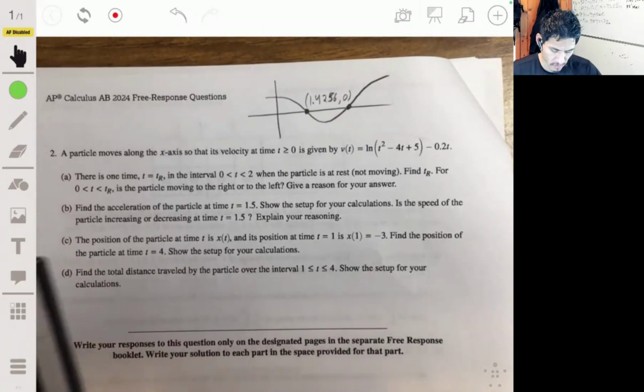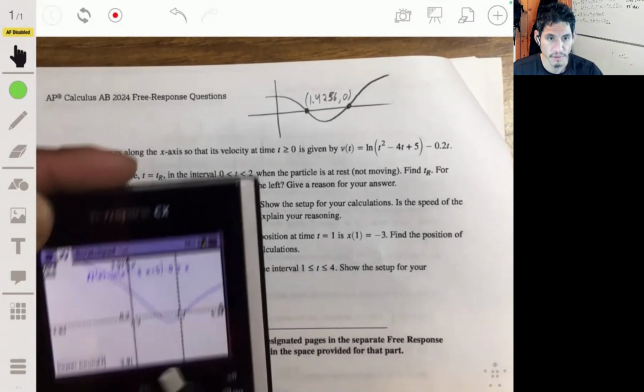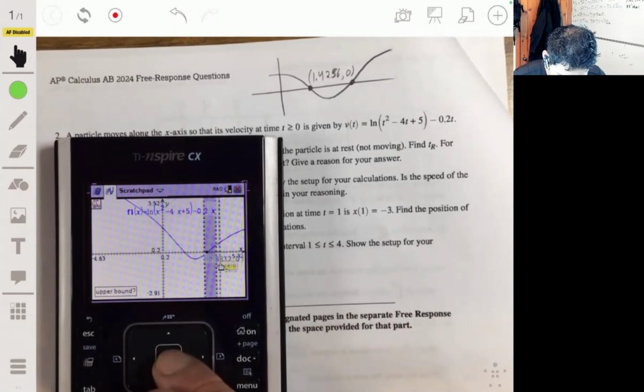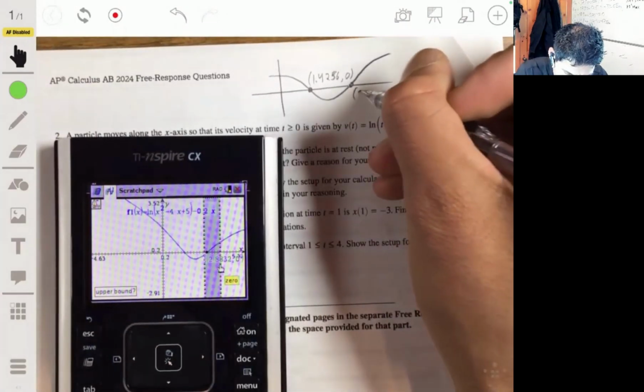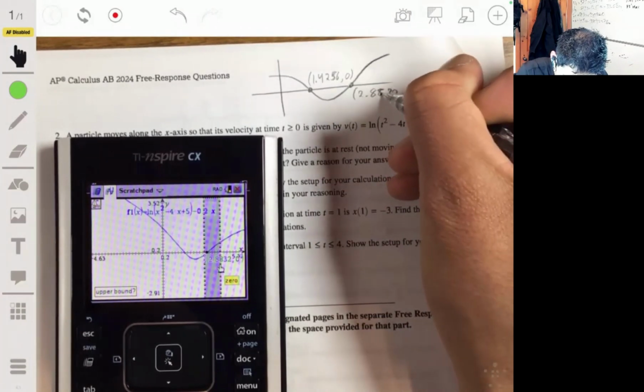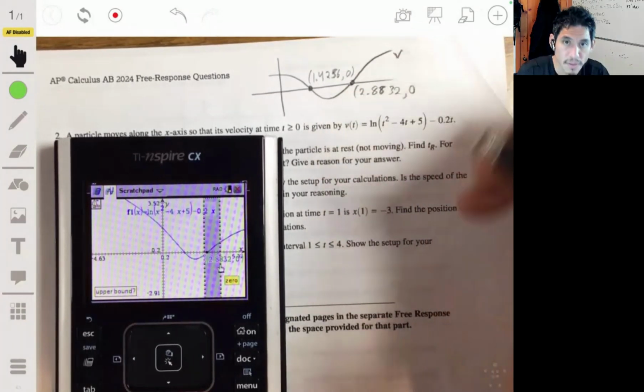And then I could look at where the other one is, just for fun. The other one's at 2.8832. This is the graph of v of t.